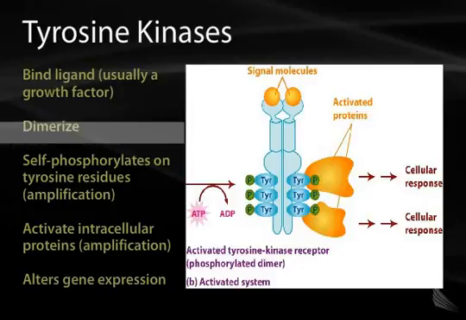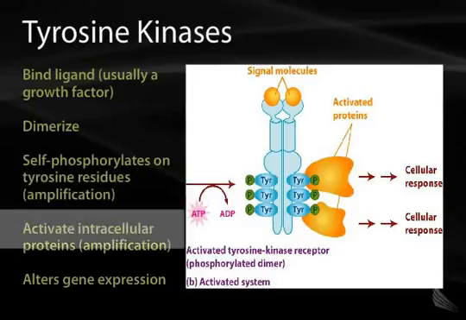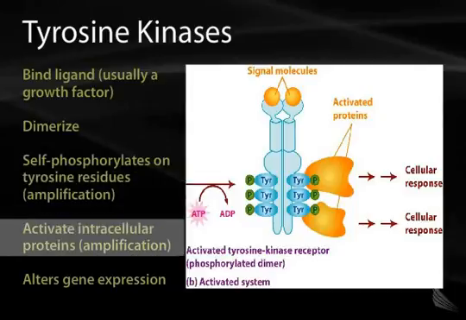After dimerization happens, there will be a self-phosphorylation step, such that these molecules will phosphorylate themselves on tyrosine residues, and this will cause the activation of intracellular proteins, because as these tyrosines are phosphorylated, this whole dimer complex becomes its own kinase, and it will go on and phosphorylate other molecules. And as each molecule can phosphorylate multiple other molecules, this also has an amplification factor, as was described previously for G proteins.